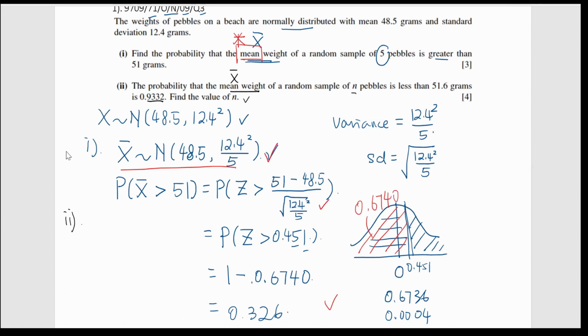Find the value of n. So now you're given that the sample mean distribution, where the mean does not change, 48.5, and the variance 12.4 squared, but divided by sample size n. And the probability of this sample mean less than 51.6 is equal to 0.9332. All right.